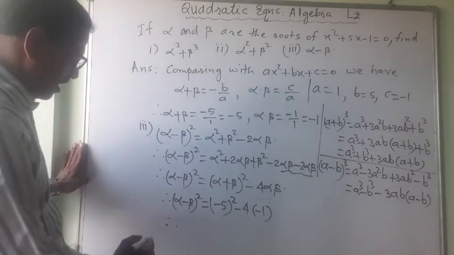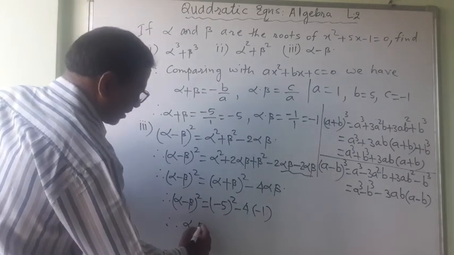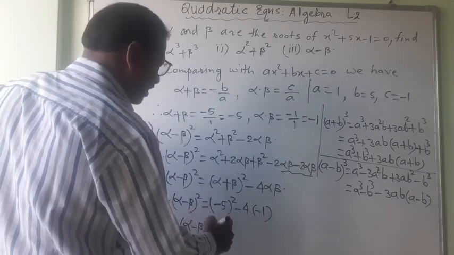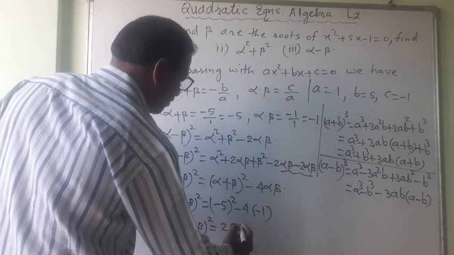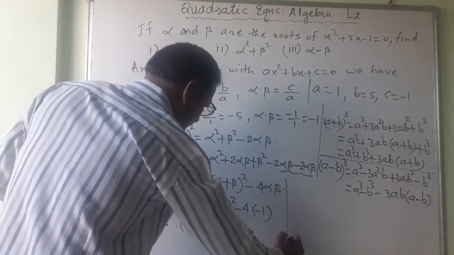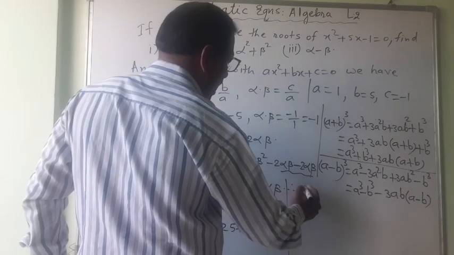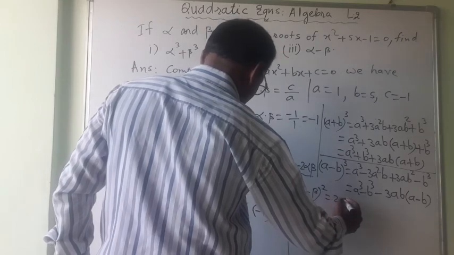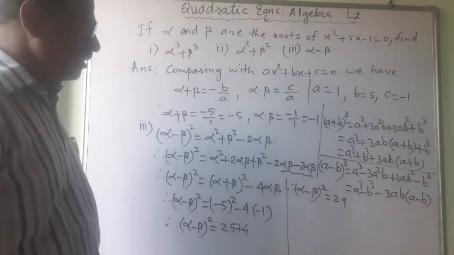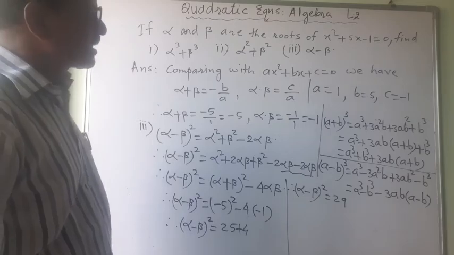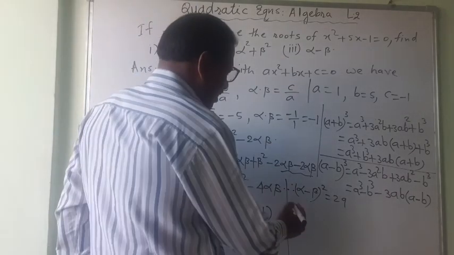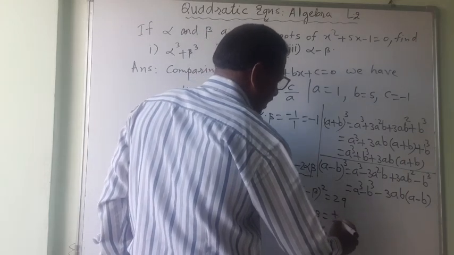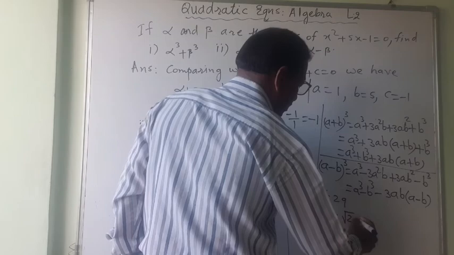Therefore, alpha minus beta bracket square is equal to minus 5 square will be plus 25 plus 4. Here I will write, therefore alpha minus beta bracket square is equal to 29. But what they have asked is alpha minus beta. Therefore alpha minus beta is equal to plus or minus under root 29.